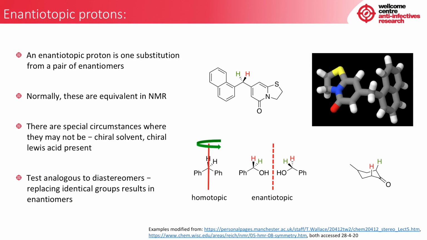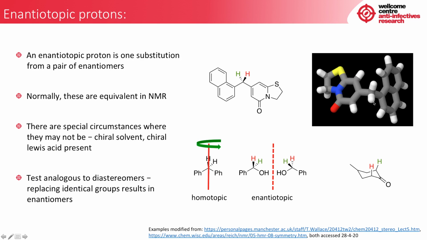However, in principle, in the presence of chiral molecules, be it a solvent, Lewis acid, whatever, the two sides of my molecule here could again be made inequivalent. And if that happened, I would again essentially have diastereotopic protons, and I would be able to see these enantiotopic protons separately. So they would become inequivalent.